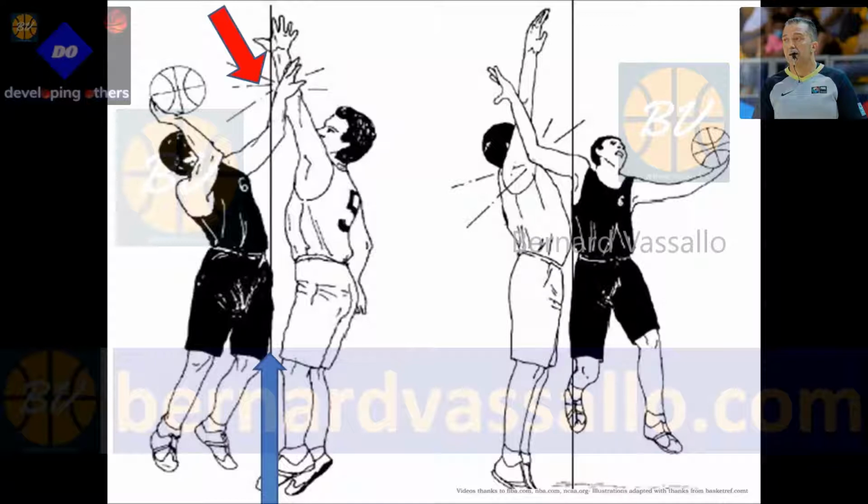Of course, the defender cannot be called for a foul, he cannot be punished, because after all he was playing legal defense. So in such cases, if the shooter clears out the defender, a foul has to be called on the offensive player.